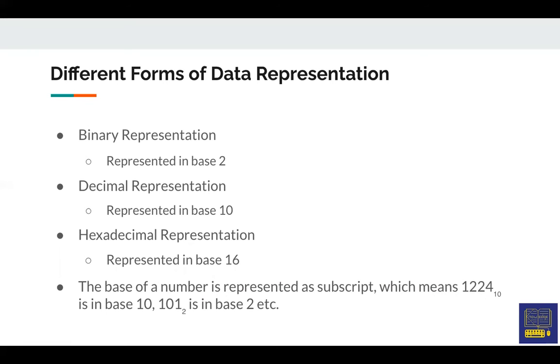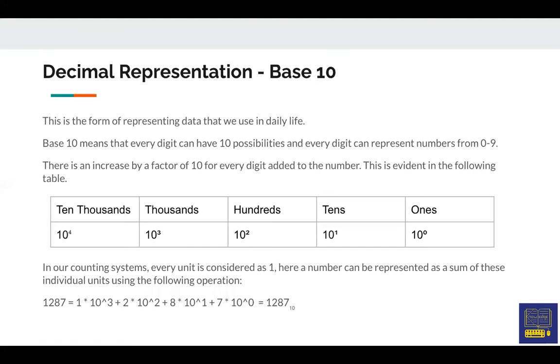All right, moving on. So let's discuss what the idea of having a base means, and let's begin with decimal, because it's something that we have used ever since we started counting. It's the most common form of data representation, especially considering that we use it in every mathematical operation. So the base of your number system essentially is 10.